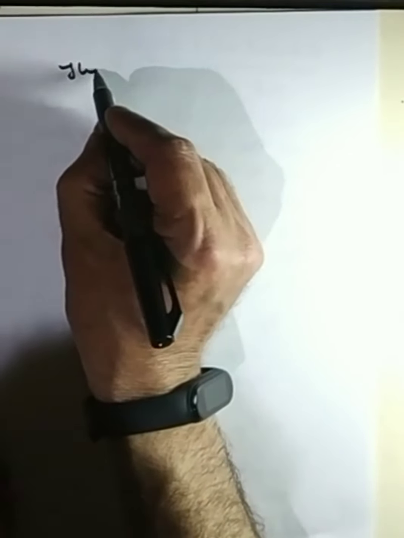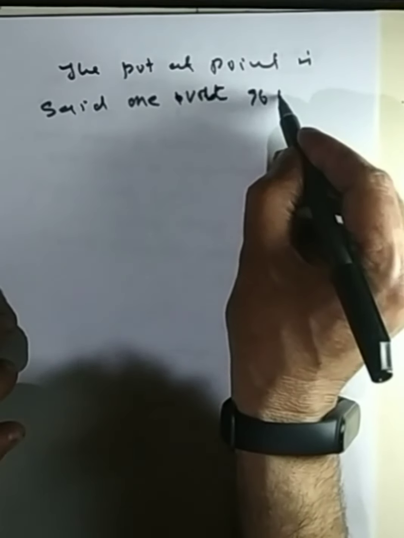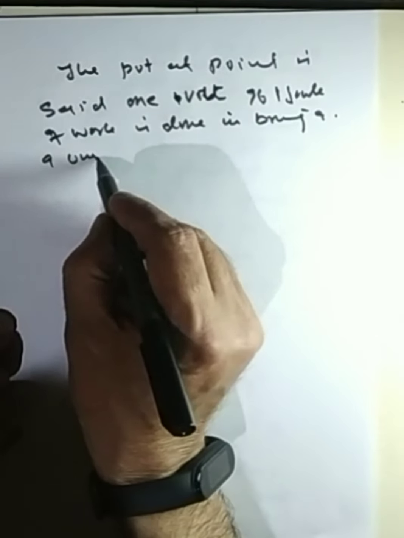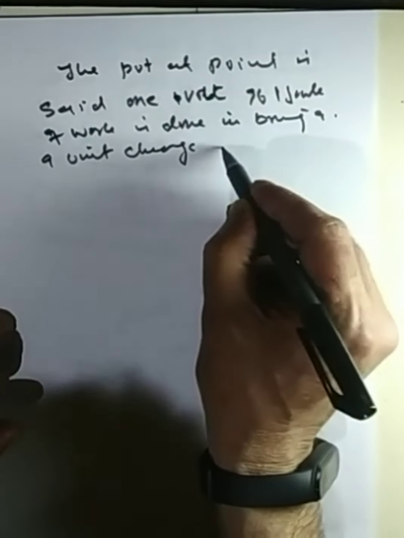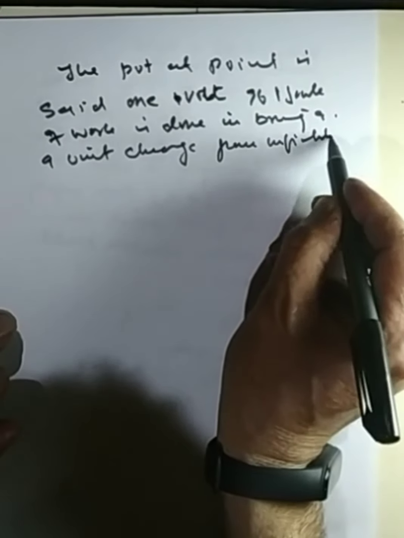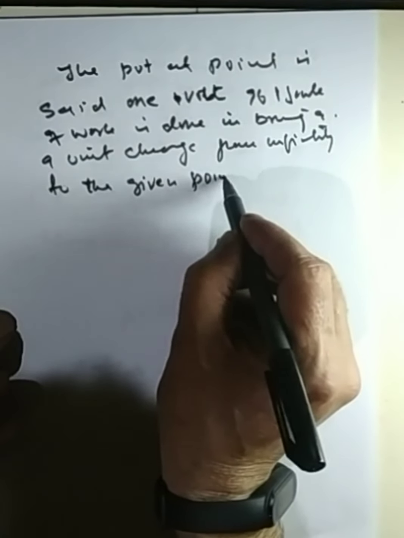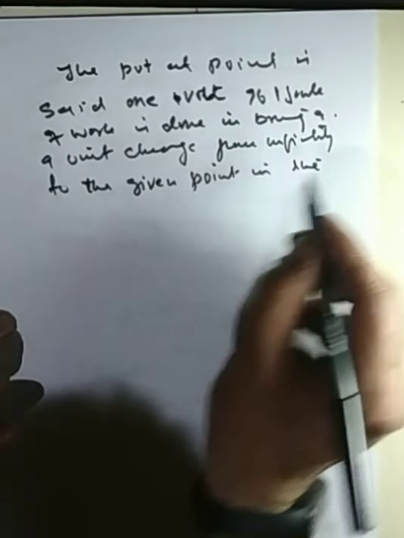The potential at a point is said to be 1 volt if 1 joule of work is done in bringing a unit charge from infinity to the given point in the electric field.